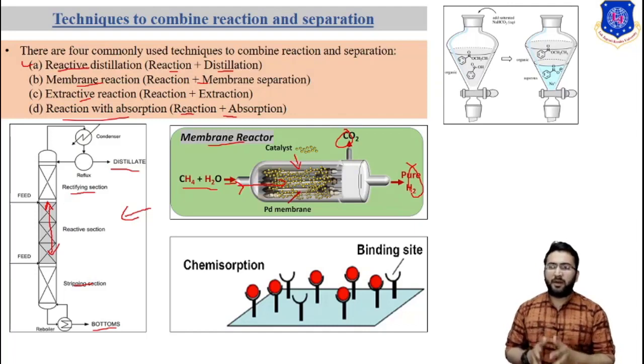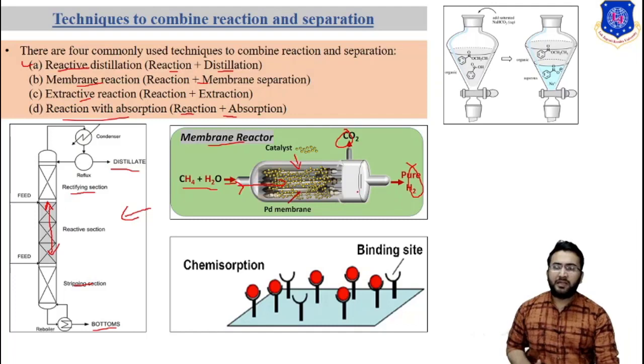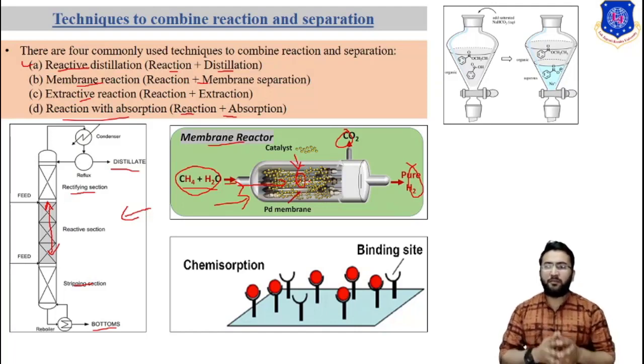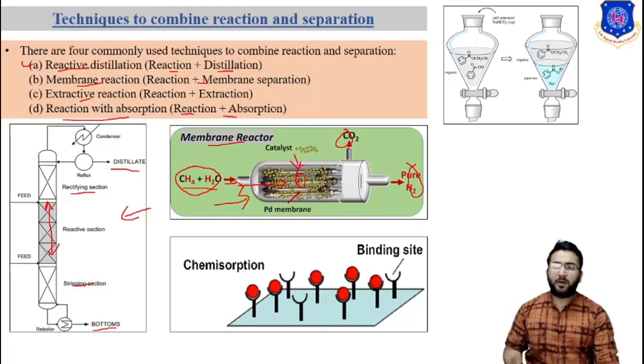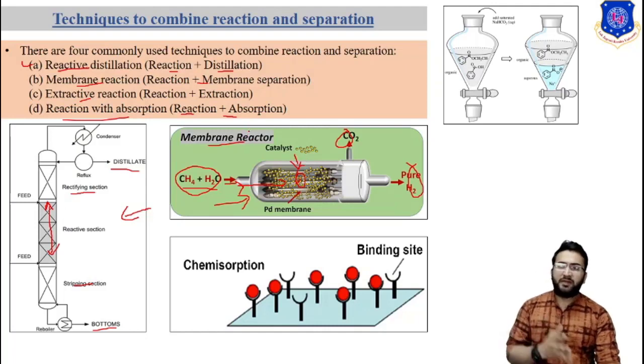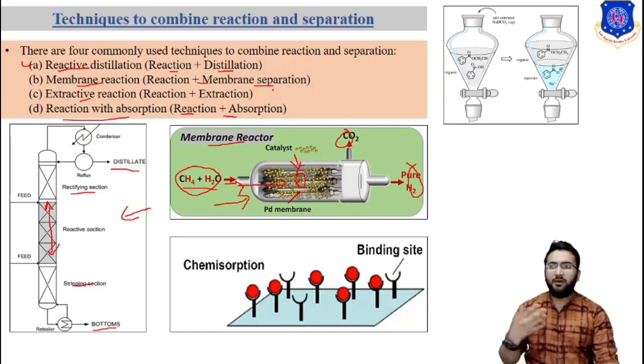So we can use the membrane reactor for separation of hydrogen, in which reaction and separation occur in this membrane reactor, and separation occurs due to the driving force in the membrane reactor. So this is how we can achieve reaction and membrane separation in one vessel.